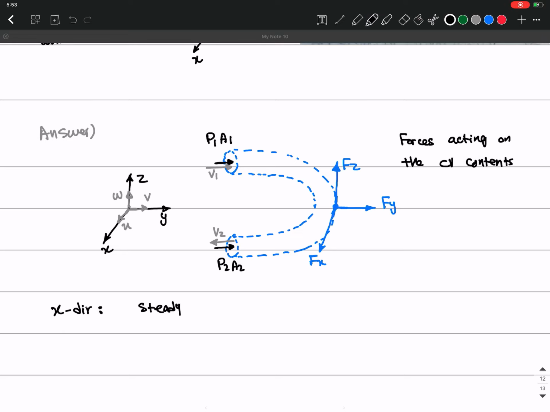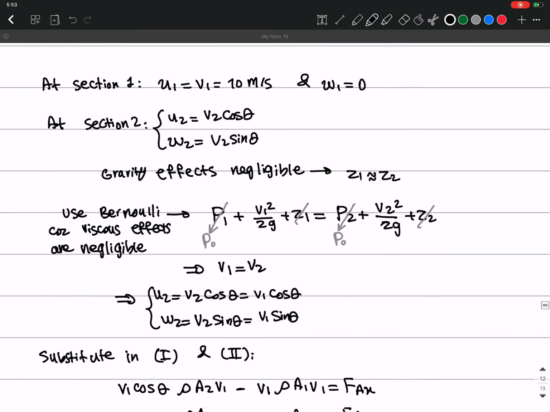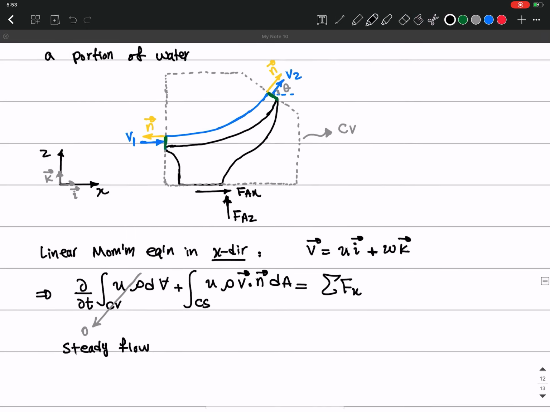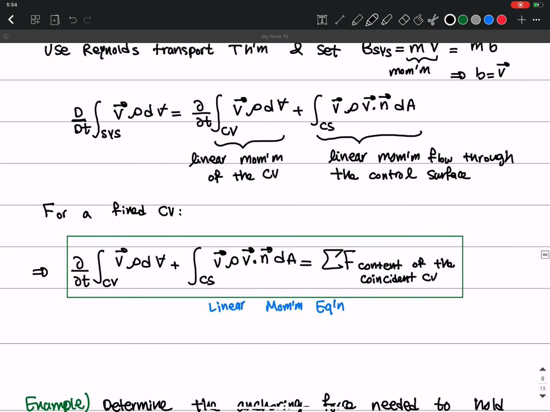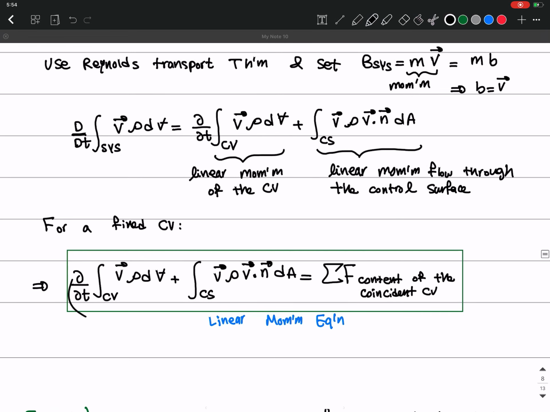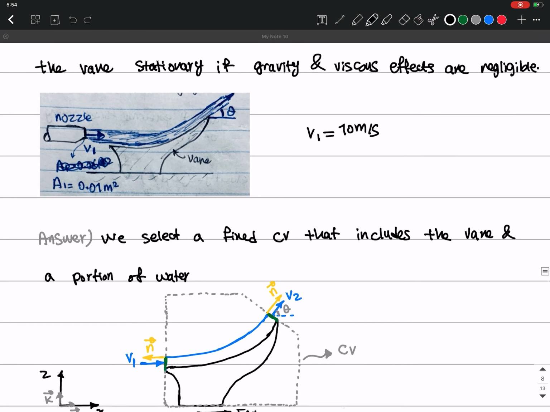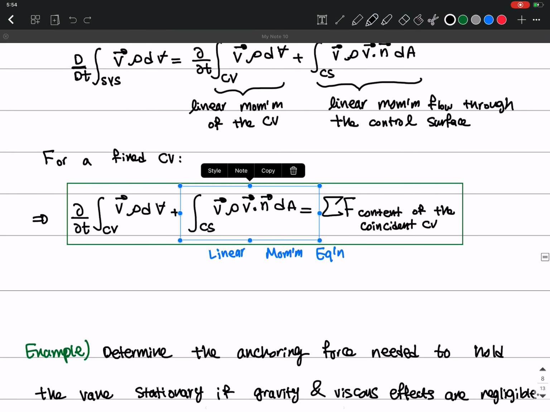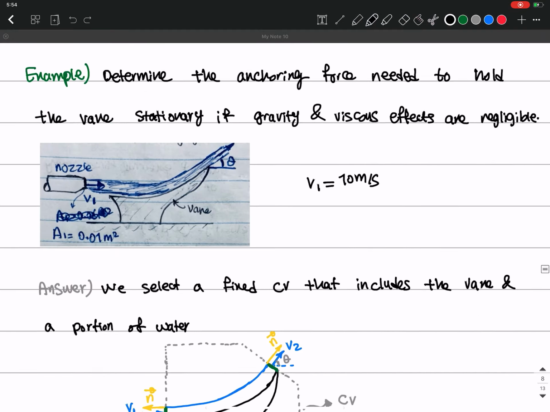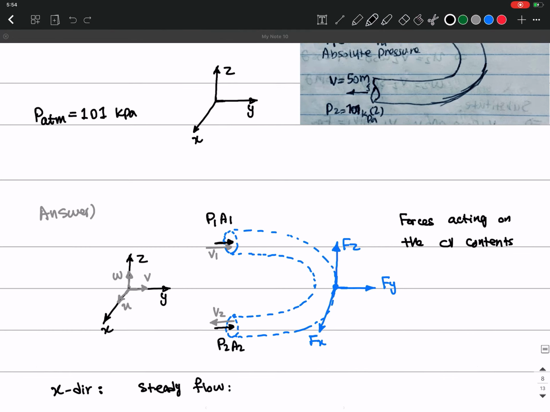So for a steady flow, let's see the momentum equation. This means that this term should be 0, and I'm going to only have these terms. So I just write it down. Let me copy. This is the term from the linear momentum equation.